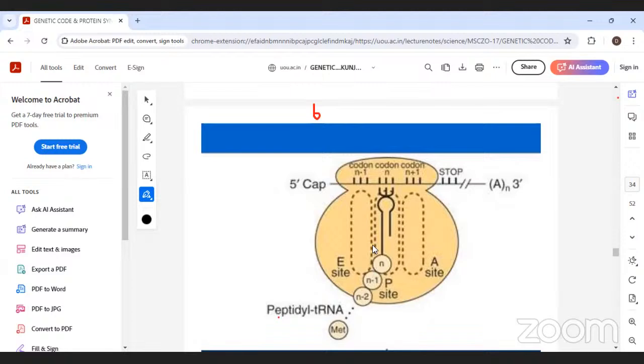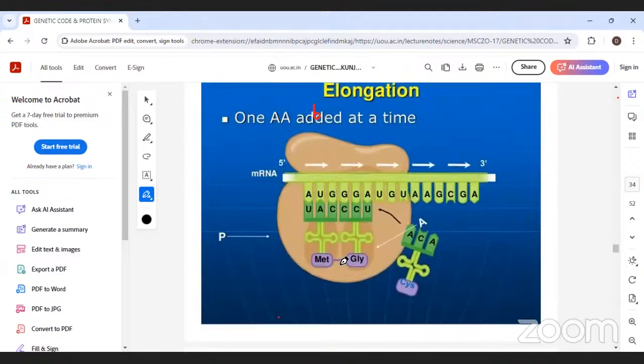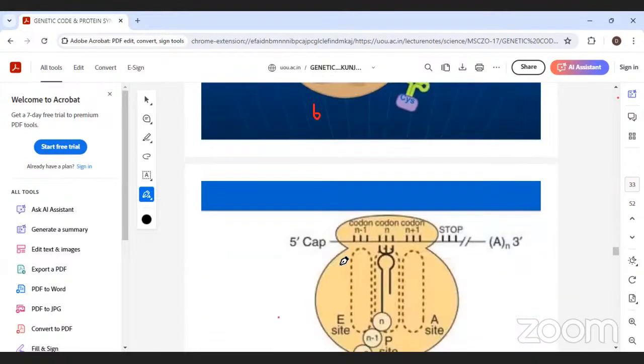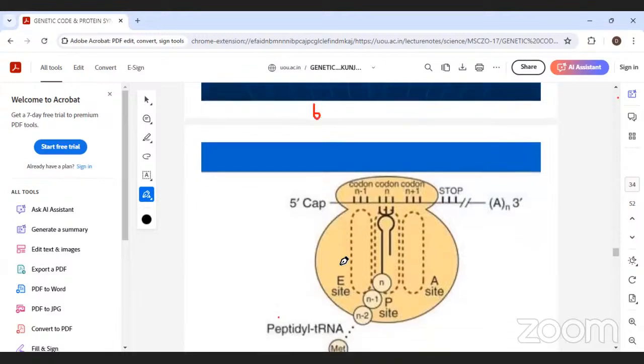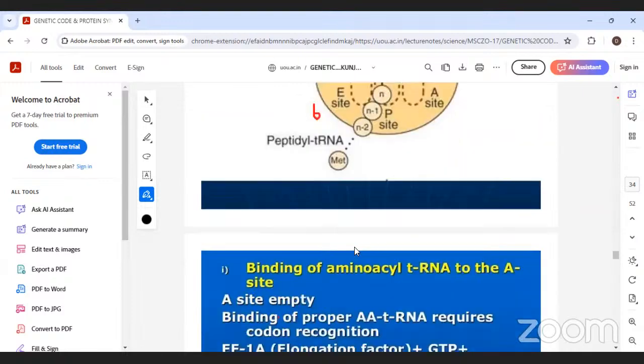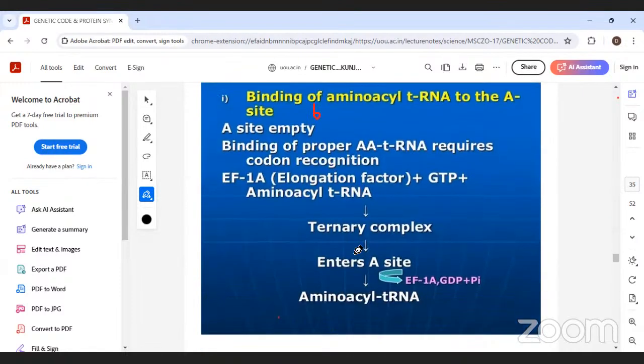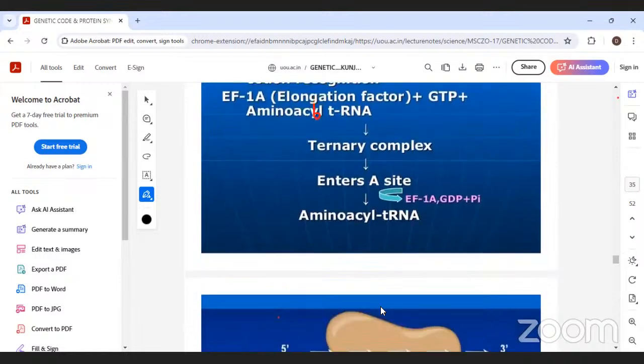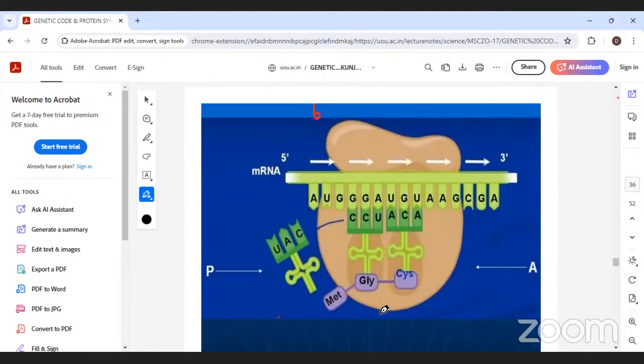Meanwhile, the GTP and factor G help in the release of the previous tRNA, which moves into the cytoplasm to pick up another specific amino acid molecule. See, this is the whole process. Entire A site amino acid tRNA, see this part, how they attach and move one by one, like this.